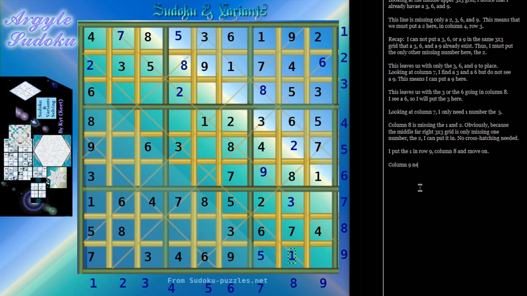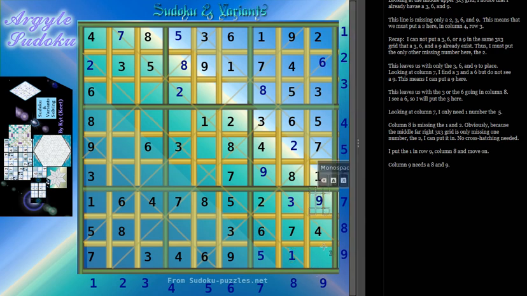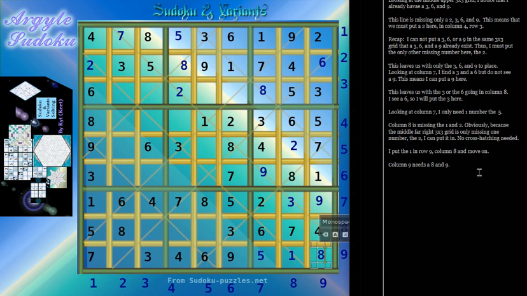Column 9 needs a 8 and 9. Row 7 and 9 were only missing one number, so I put the 9 in row 7 and the 8 in row 9.